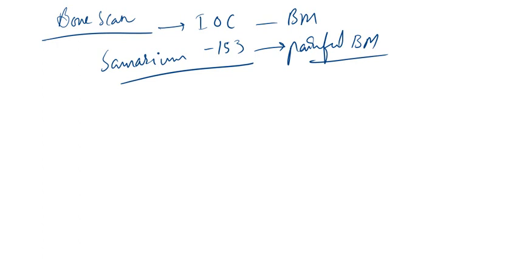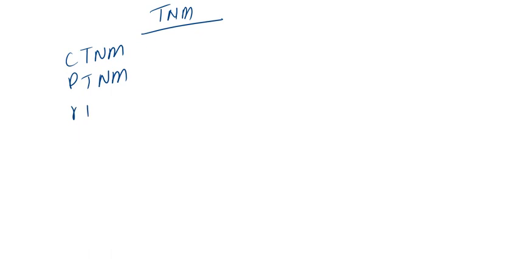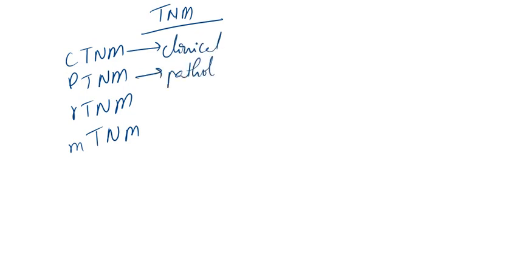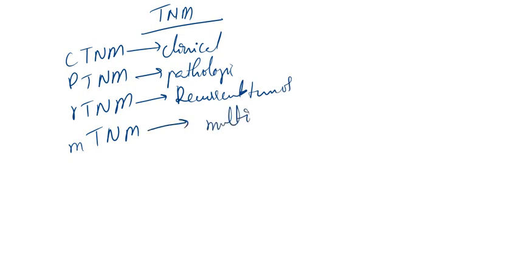Now let's end all this investigation information. Now let's come to TNM staging of breast cancer. So you have 4 conditions regarding this TNM staging. One is CTNM, 2 is PTNM, 3 is RTNM, and 4th is MTNM. What is CTNM? CTNM is for clinical TNM staging, PTNM is regarding the pathological features, RTNM is for recurrent tumors, and MTNM is for multiple primary tumors.